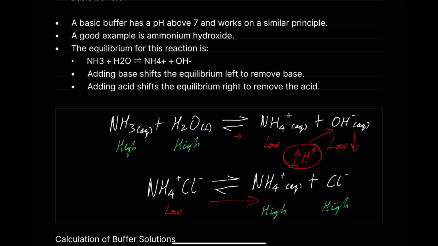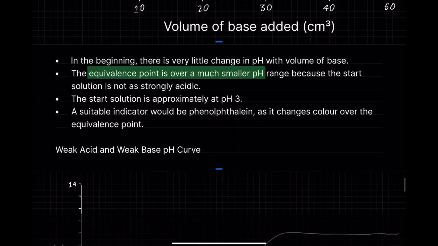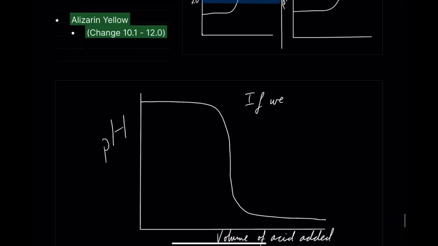And so what happens here is that equilibrium of this top reaction will shift to the right to increase the concentration of hydroxide ions, so that we return back to our original conditions, and we return back to the same concentration of hydroxide ions that we had, unless the concentration of H plus is too great. In doing so, you get a maintained constant pH, right? And then once the buffer capacity has been breached, I should say, we get to this point here.